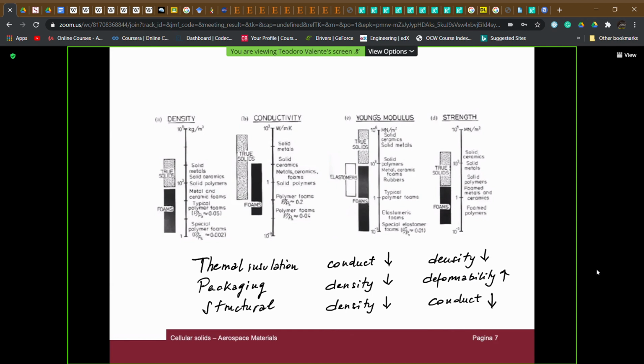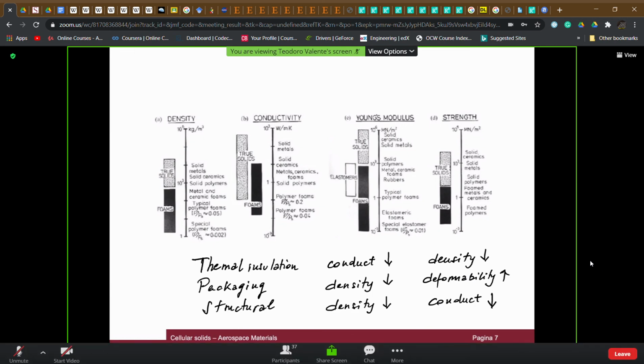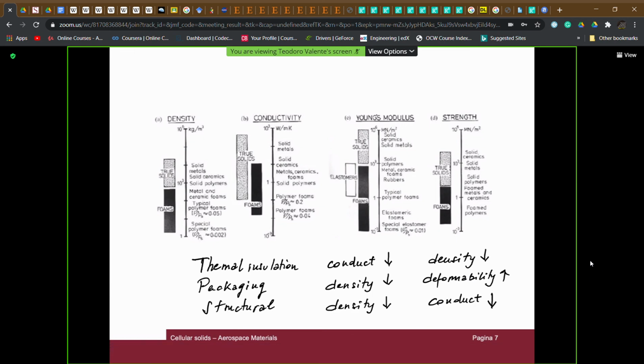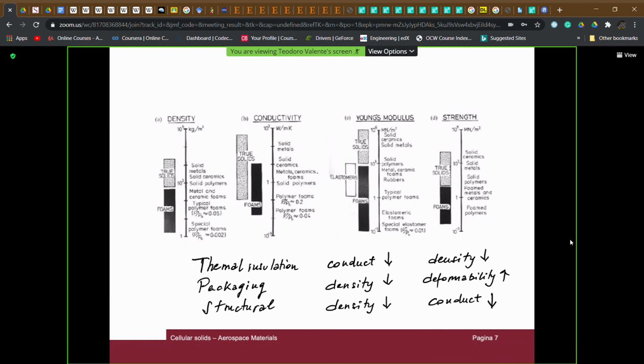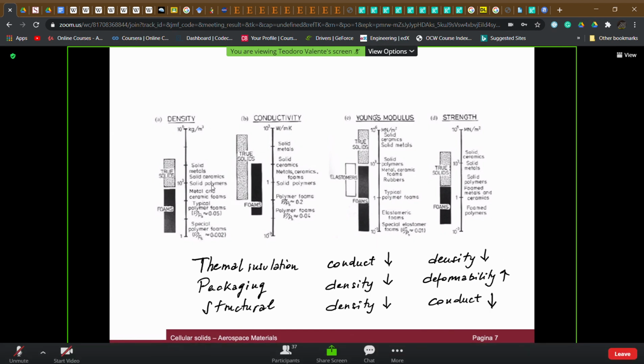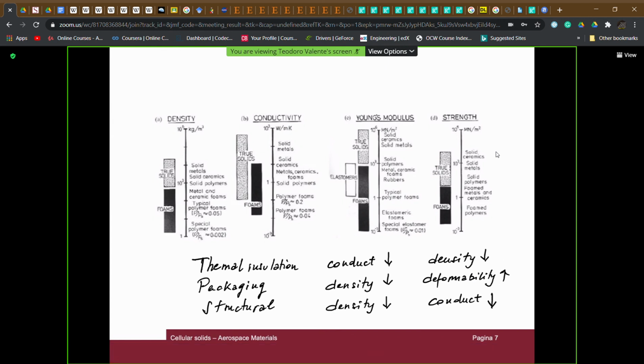Some general properties can be considered by comparing to the corresponding bulk materials. When I say corresponding bulk materials, I'm again thinking of bulk materials made of the same alloys as the cellular solid, but bulk, that is with relative density approaching the theoretical density. Obviously, being essentially without mass, they have a high value of thermal insulation.